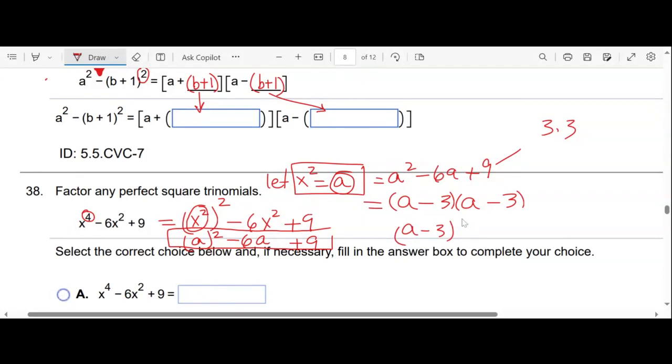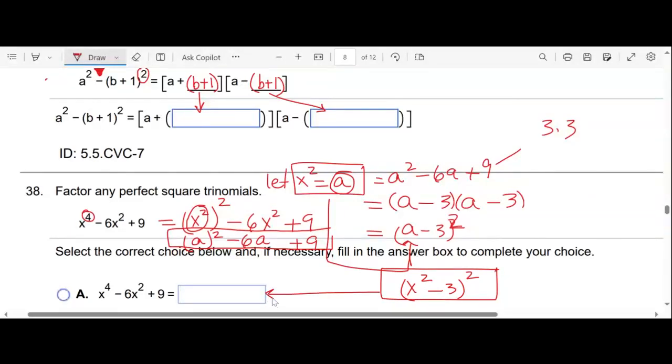How many of this? 1 or 2? 2 of it, right? Yes. Now, what is a at the beginning? x squared. So you're going to put x squared minus 3, all squared. That's your final answer. Put it here. Easy as easy?